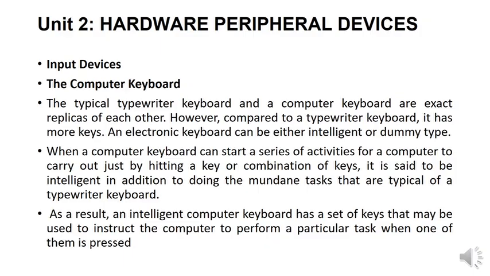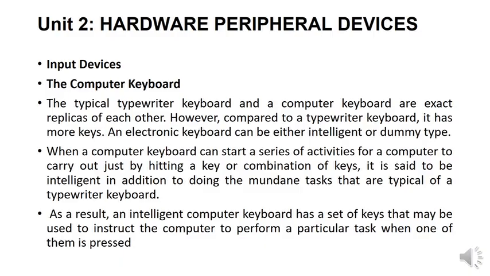So they said the typical computer keyboard and a typewriter keyboard are exact replicas of each other. However, compared to a typewriter keyboard, it has more keys, and an electronic keyboard can be either intelligent or dummy type. When a computer keyboard can start a series of activities for a computer to carry out just by hitting a key or combination of keys, it is said to be intelligent, in addition to doing mundane tasks that are typical of a typewriter keyboard.